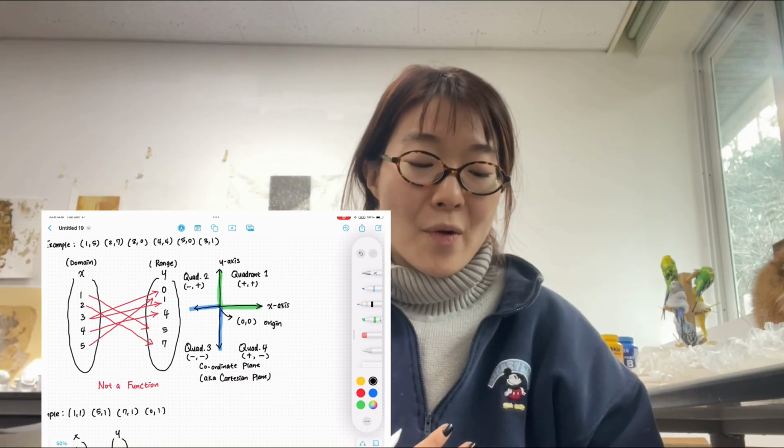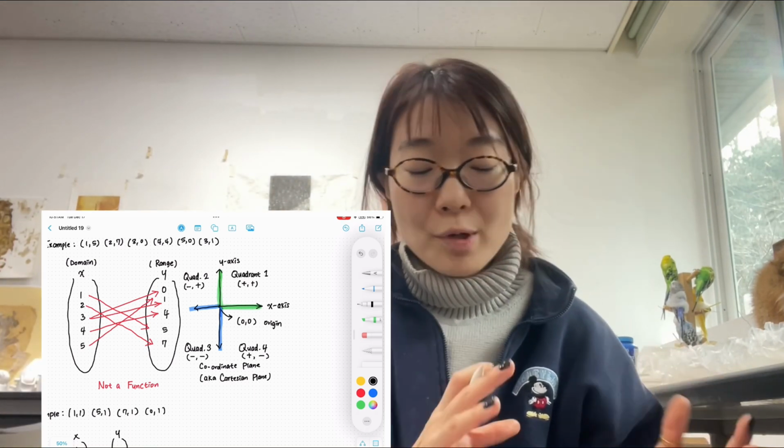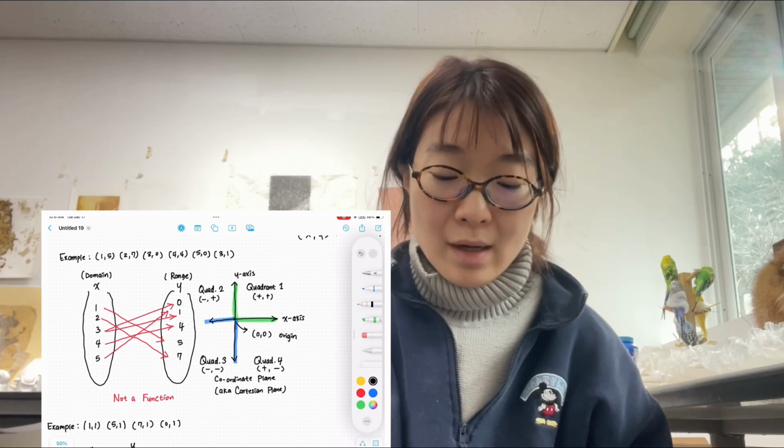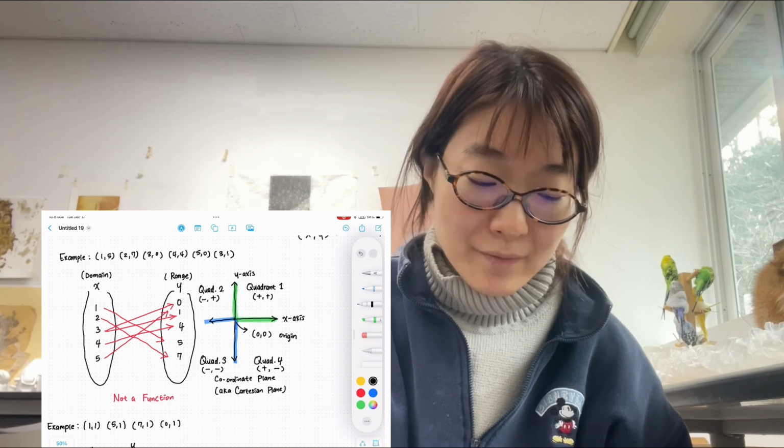So now let's use the ordered pairs that we had in the first example to plot them in our coordinate plane.